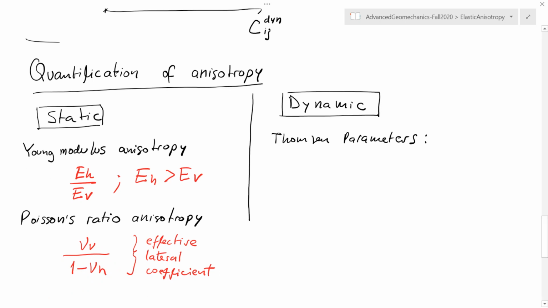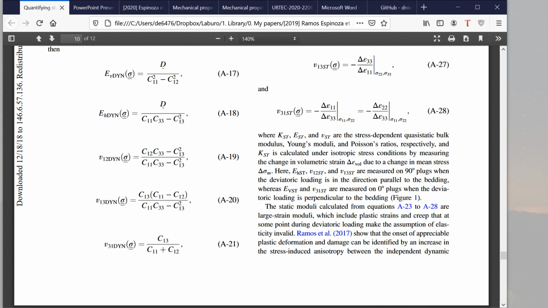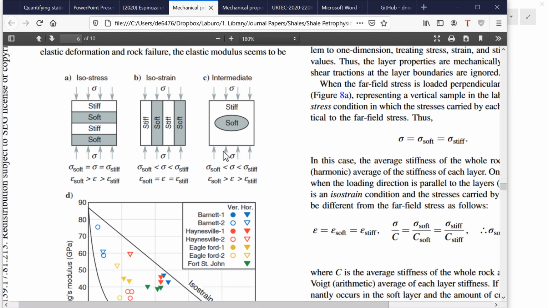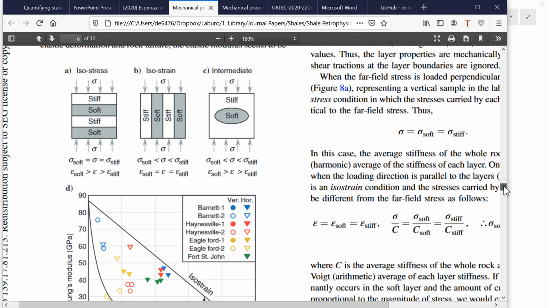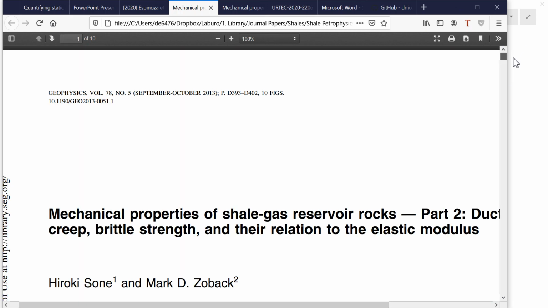Okay, so I have here some data to share with you from different papers. We're going to start with this publication, which let me just share very quickly with you the title and the authors.